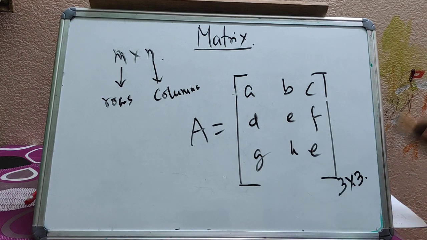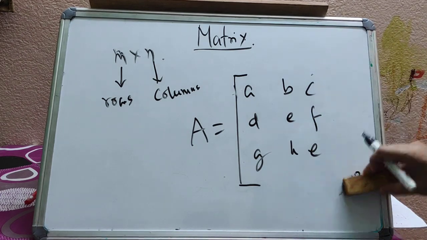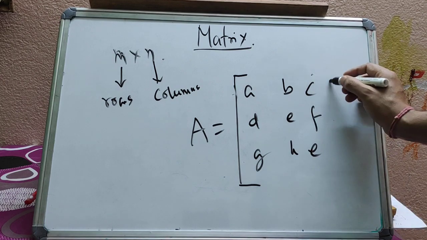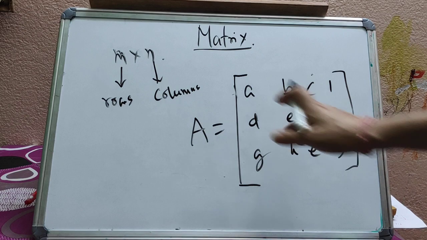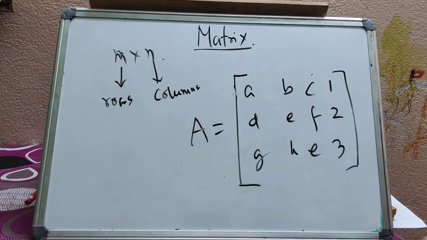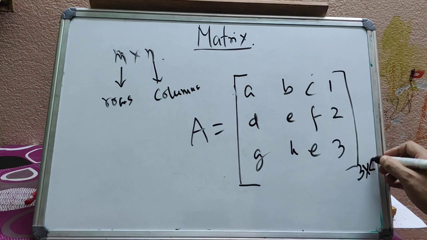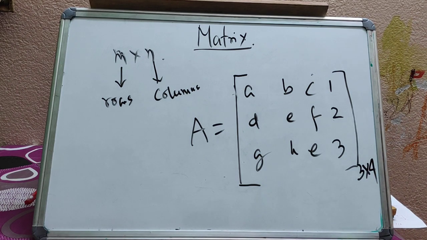Suppose we add another column, then the number of rows is 3 but the columns become 4. The order of this matrix is 3 cross 4.